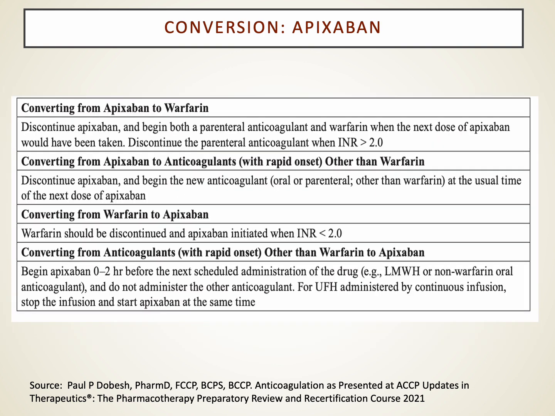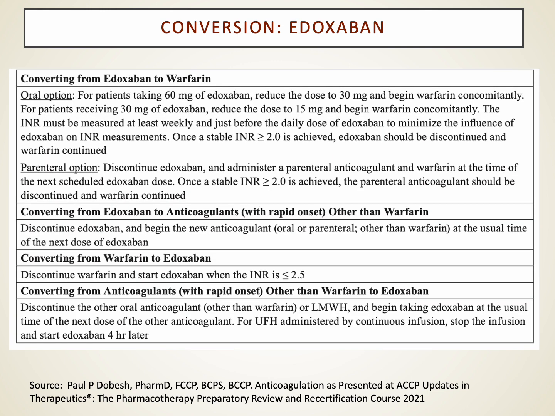Here's the table for conversion for apixaban. And finally, the conversion table for edoxaban. Again, with all of these, just know that there are specific guidelines for converting from one agent to another, and that's very much related to the onset and duration and half-lives of each of the agents involved.